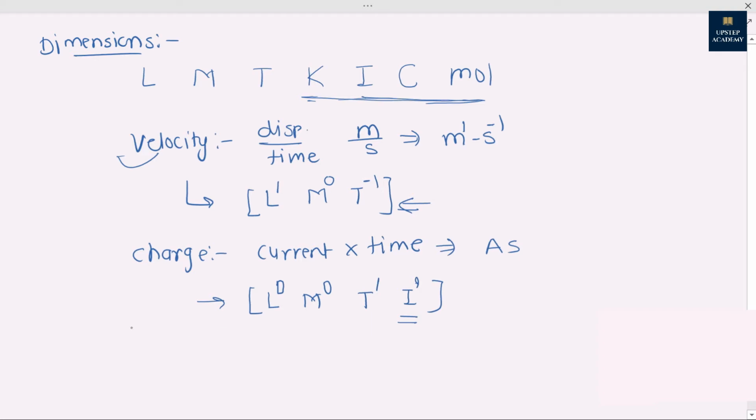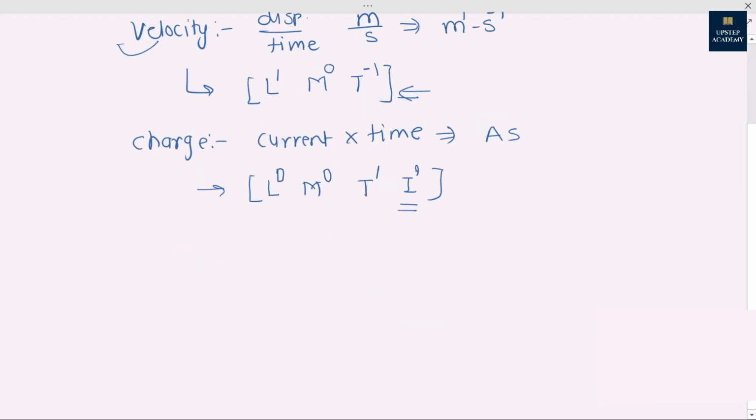One more example let me give you. Let's take example of force. What is force? Force is equal to mass into acceleration. Now what is acceleration? Acceleration is velocity upon time. Now what is velocity?